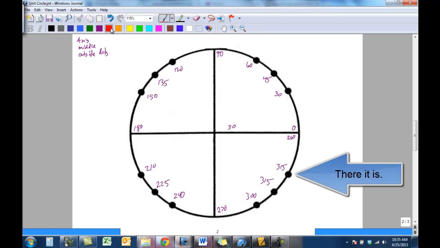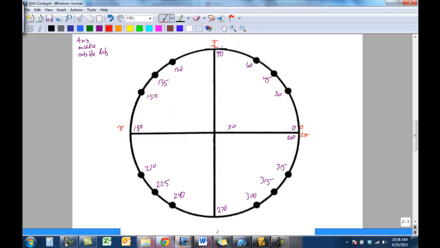All right, the next thing we're going to talk about is radians. Now, radians we're a little bit familiar with now. Starts at 0, all the way around is 2 pi, which means that halfway would be pi, which means that 90 degrees is the same thing as pi halves.